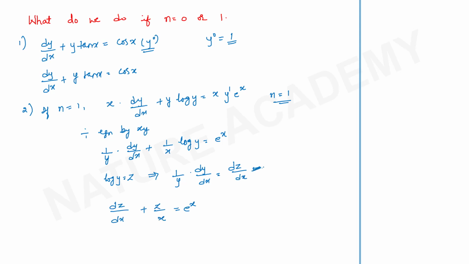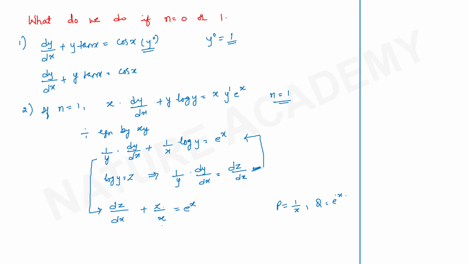Now substitute this value of dz by dx in this equation. So you get 1 by y into dy by dx as dz by dx, plus log y as z, 1 by x as it is. On the right hand side, it will become e raised to x. Now this form is in the linear form, isn't it? With p is equal to 1 by x and q is equal to e raised to x. Now proceed with finding the integrating factor and then solve it. It is as simple as that.